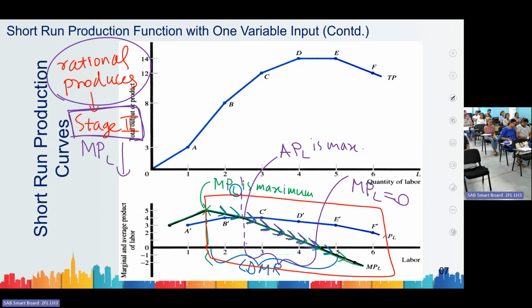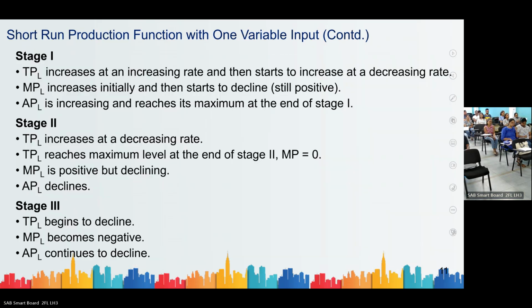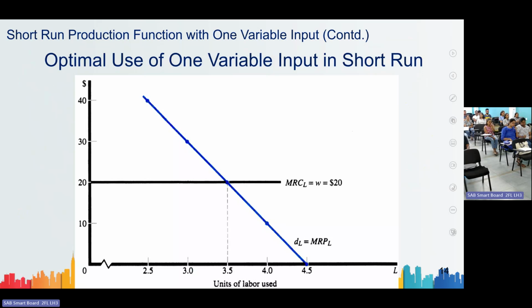So within stage 2, what do you observe related to MPL? MPL is declining. That is why we have taken the declining part of MPL.